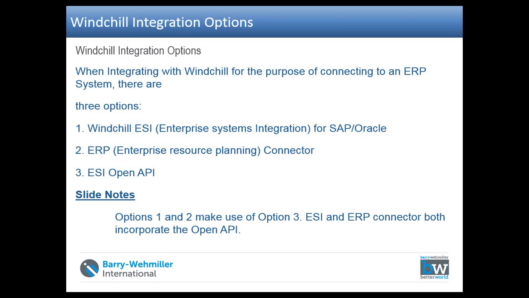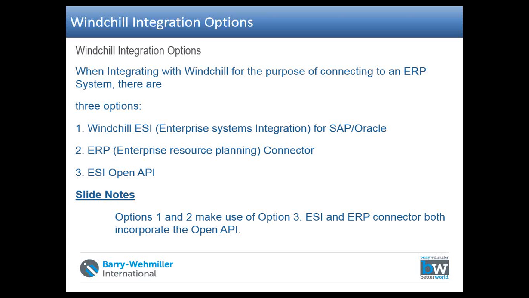Windchill integration options. What are the options available to integrate with Windchill? When integrating with Windchill for the purpose of connecting with an ERP system, there are three options. That is Windchill ESA, which is out of the box SAP and Oracle supported by PTC, and ERP connector, which is a unidirectional module.